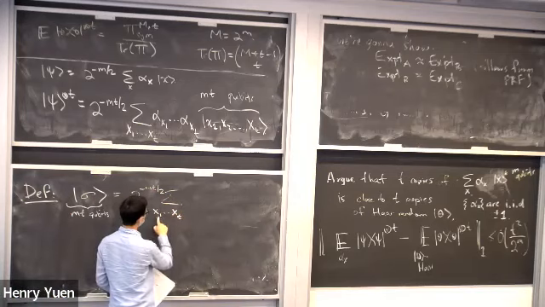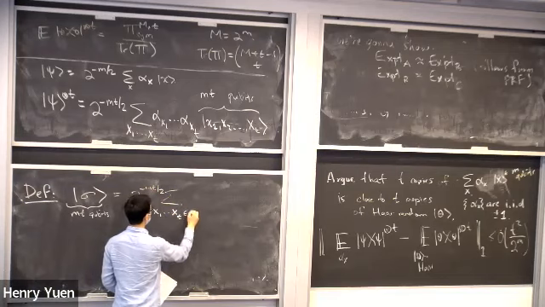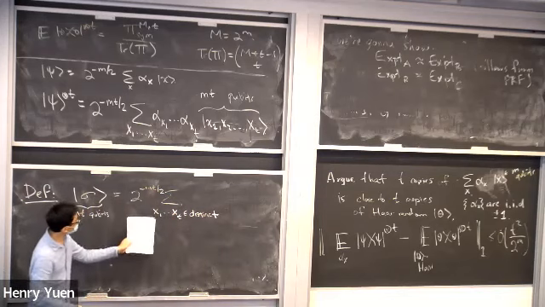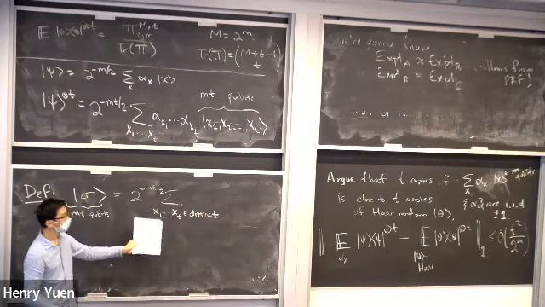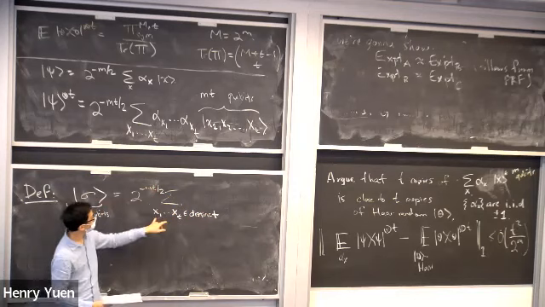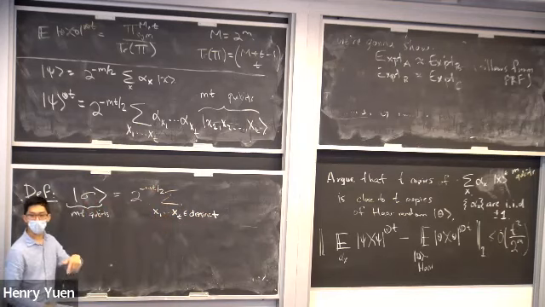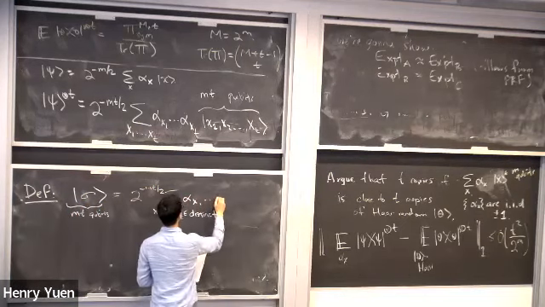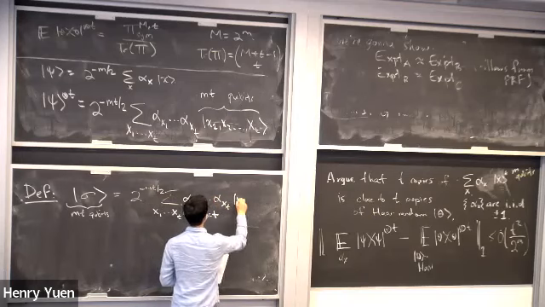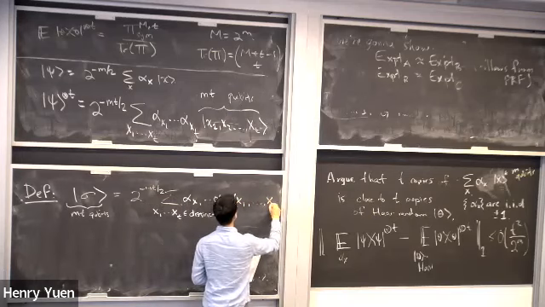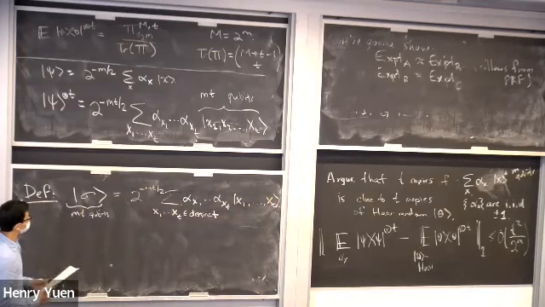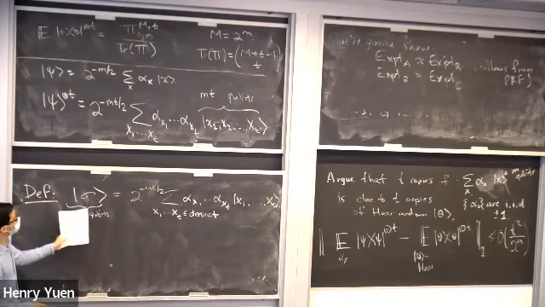Sum over the x1 up to xt that are distinct. Each of these are m-bit strings, and if there's any term where any pair of these are the same, we're just going to drop them. All the coefficients are going to be the same. So this is some new state.